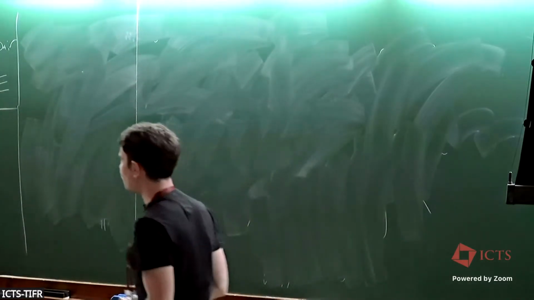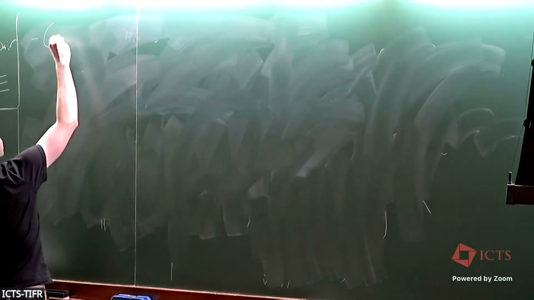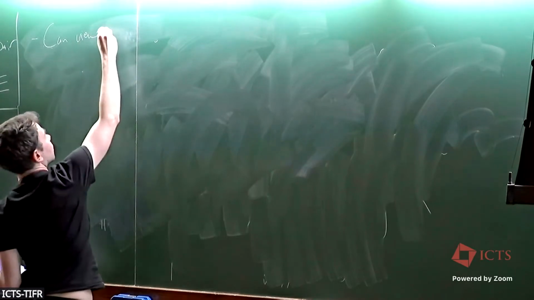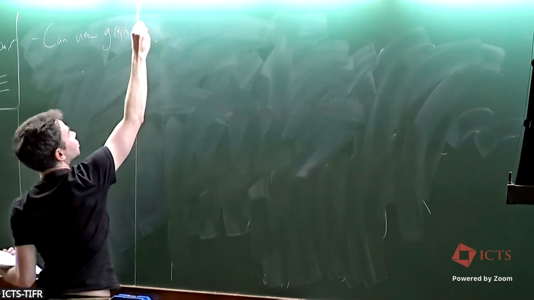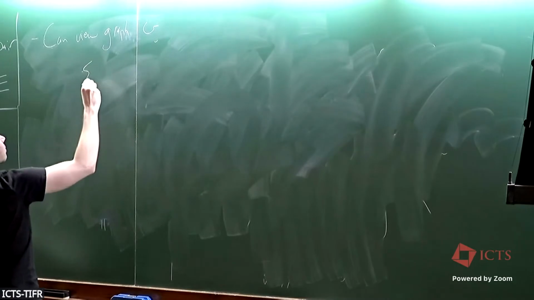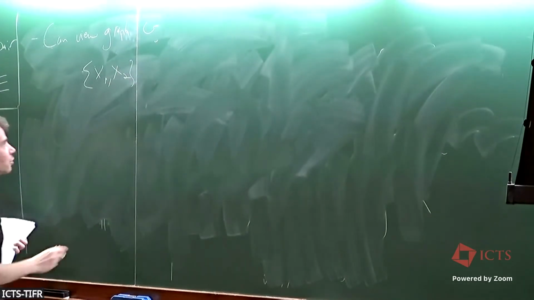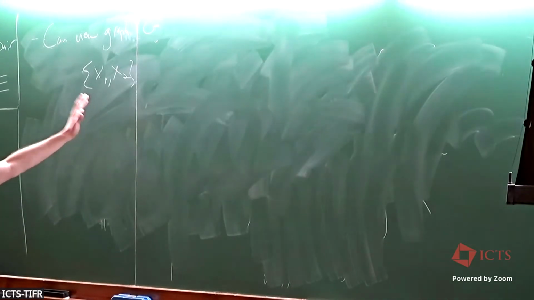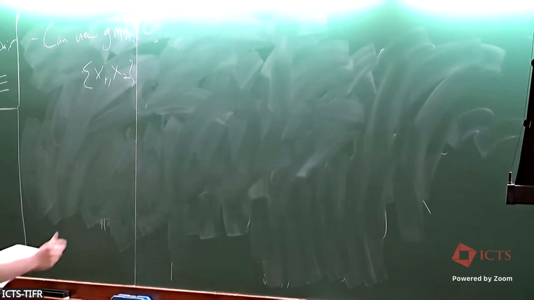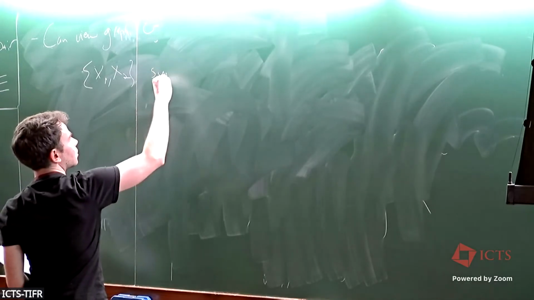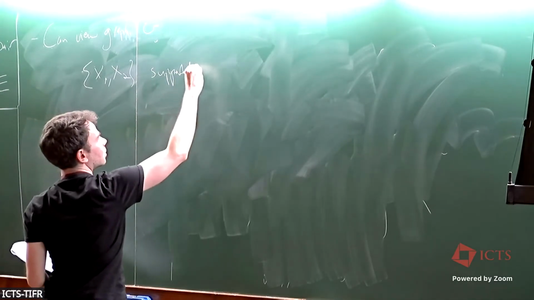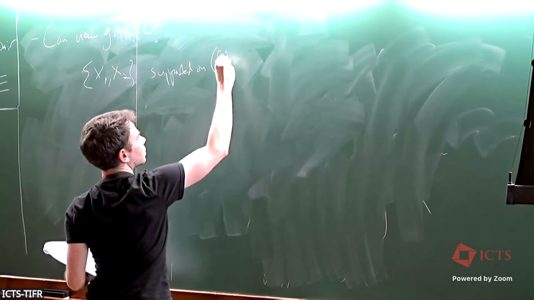We can always view a graph basically as a two-dimensional random variable coming from picking a random edge from the graph. So you can view a graph G as a distribution, a random variable x1, x2, where the value comes from sampling a random edge in the graph, supported on n choose 2.